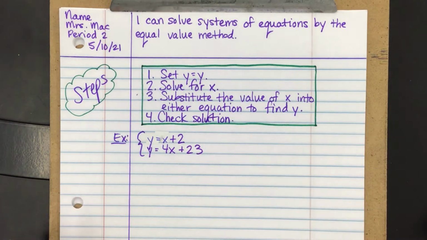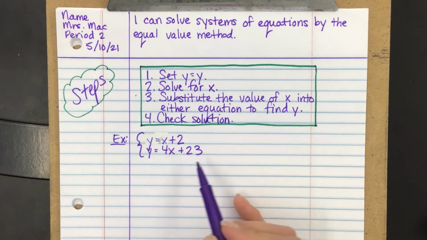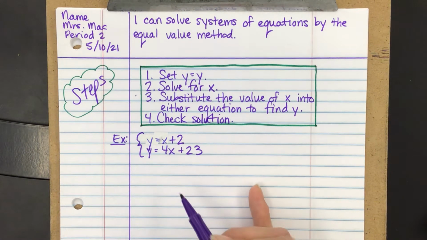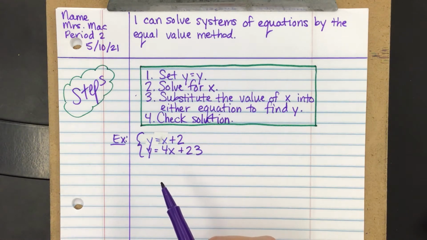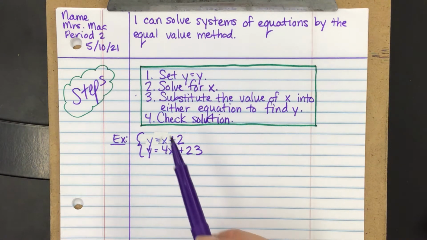All right, so here's our system of linear equations. This is actually solved for y already. So if you were to graph it, you'd be able to find their intersection. Well, if you don't want to graph it, or in this case, like 23 is a pretty large y-intercept, it might be a little challenging to graph that. So it might be a good idea to have another method in your back pocket, and that is the equal values method that we're doing today.